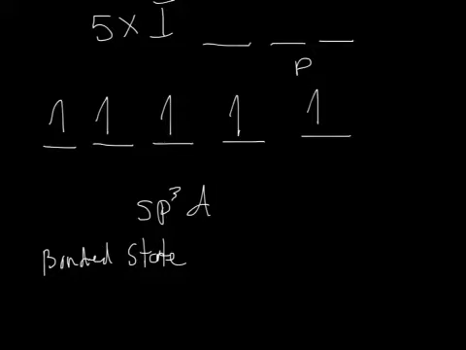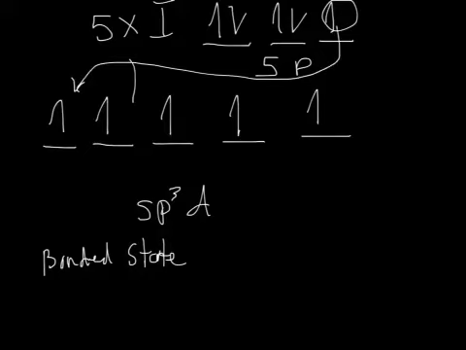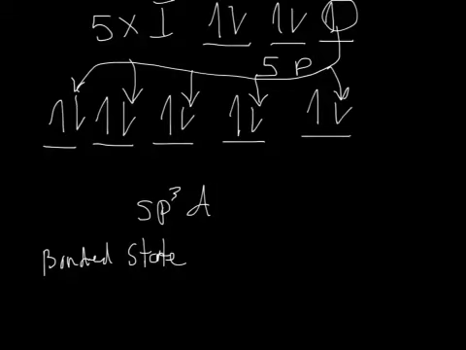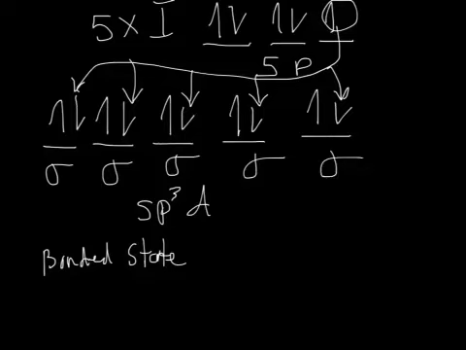Let me fix that. That's 1, 2, 3, 4, 5. So this one is the one that we're going to use to fill the spaces. There we go. This is our hybridized orbitals. And we could even see our sigma bonds here. That's 1, 2, 3, 4, 5.